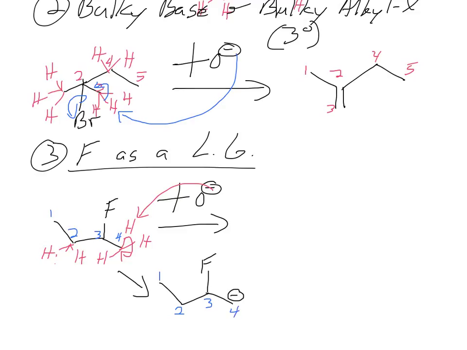And carbanion rules are just the opposite of carbocation rules. So carbocations are stabilized by hyperconjugation, which is pushing electrons towards an empty p orbital. Carbanions are just the opposite. They hate hyperconjugation. They're electron rich. They don't want electrons pushed towards them, so they want to be less substituted. So it forms that. Then finally, eventually, the fluorine will leave. You get the alkene on the less substituted carbon.